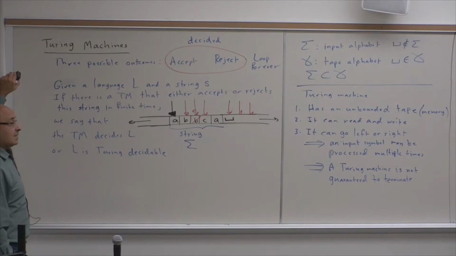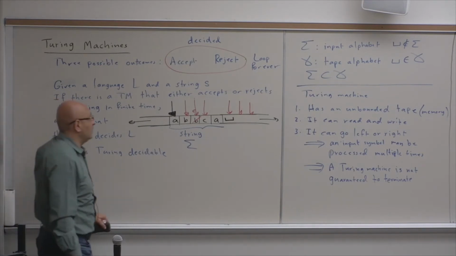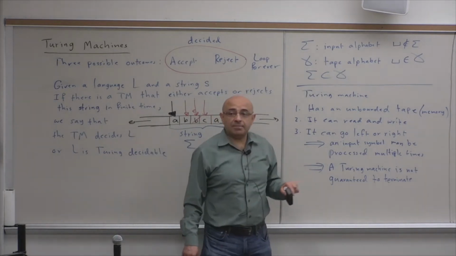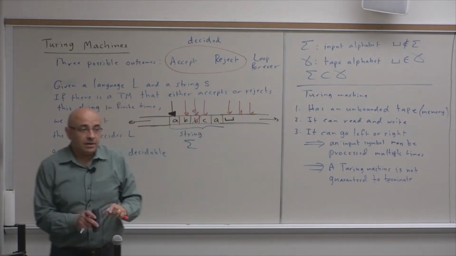L is Turing decidable. So a language is Turing decidable if you can find a Turing machine that will either accept or reject.